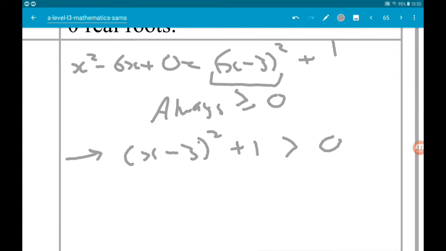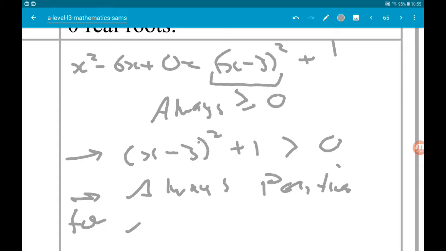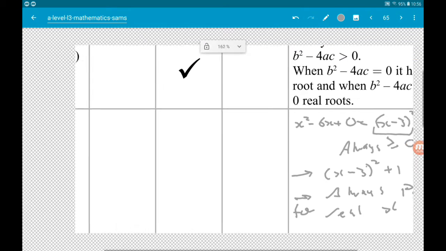Therefore, always positive for real x. So we need to tick always true.